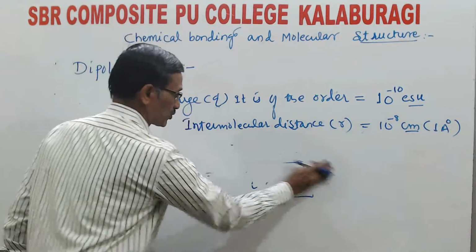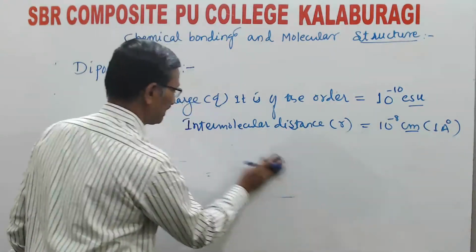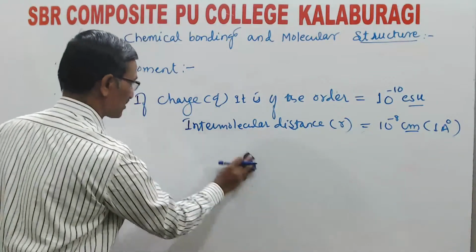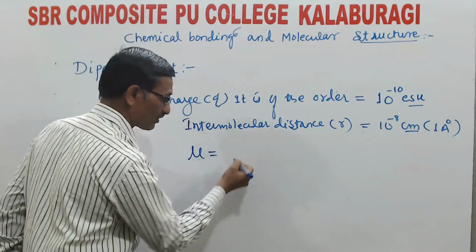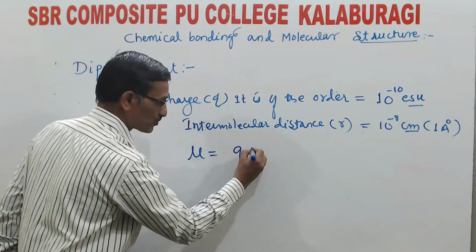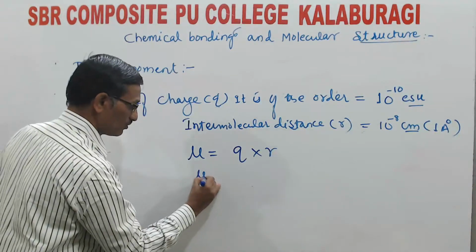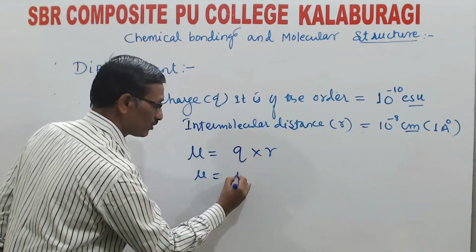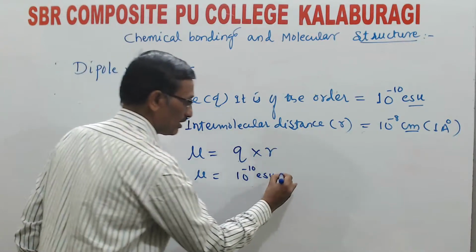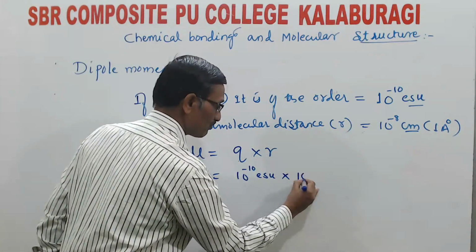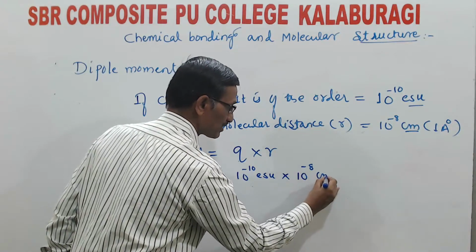Now, the product of these two. What have I taken? The charge on any one of the atoms. Therefore, dipole moment equals Q into R. Q is 10 to the power of minus 10 electrostatic unit, R is 10 to the power of minus 8 centimeter.